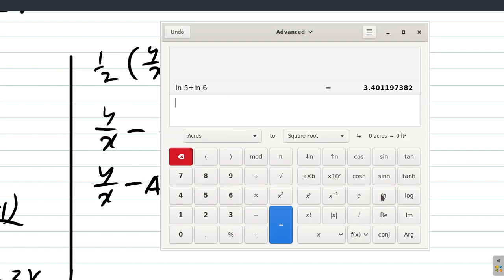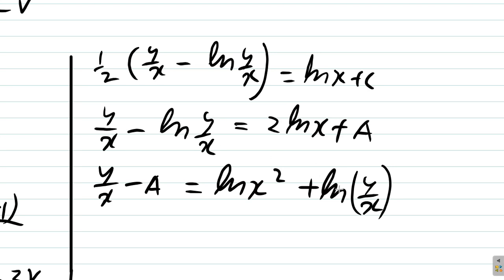Now 5 by 6 is 30, so if you have ln 30, you get the same thing, 3.4 something. Any two numbers you try, it will work.